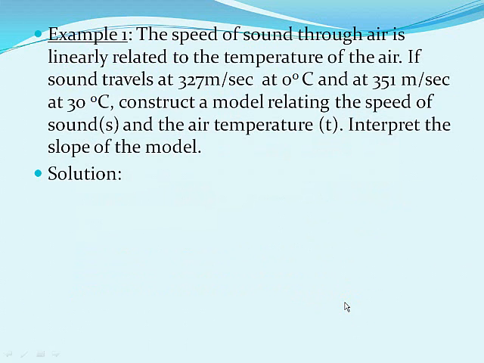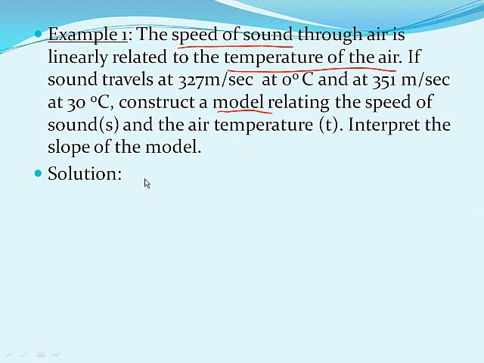Here is another example. The speed of sound through air is linearly related to the temperature of the air. If sound travels at 327 meters per second at 0 degrees centigrade and at 351 meters per second at 30 degrees centigrade, construct a model relating the speed of sound and the air temperature T. Then we need to interpret the slope of the model.